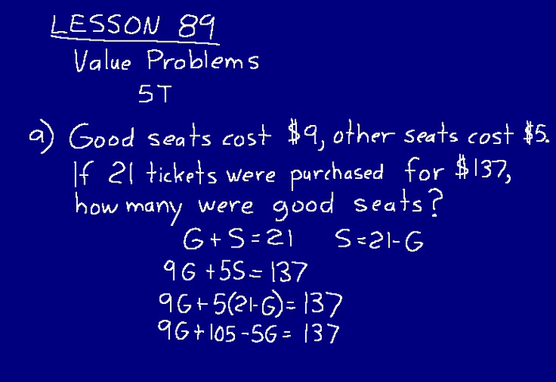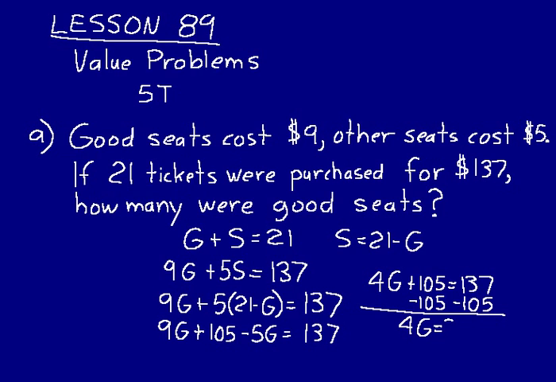And so I can add the 9G and the negative 5G on the left, and I'll write the equation over here to the right because I'm running out of room. 4G plus 105 equals 137. Subtract 105 from both sides, and we end up with 4G is equal to 32. And so the number of good seats is 8. G equals 8. And so there's our answer.